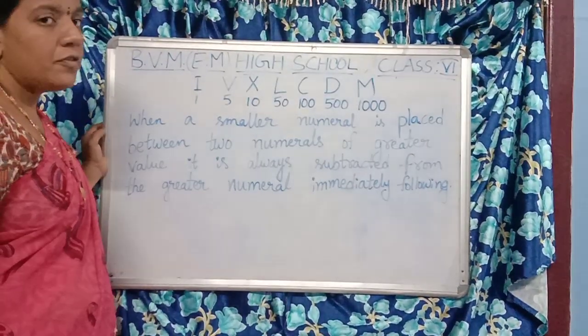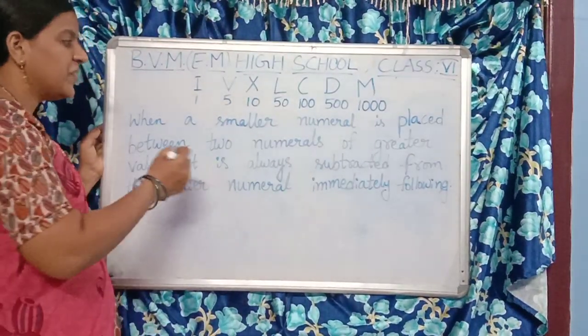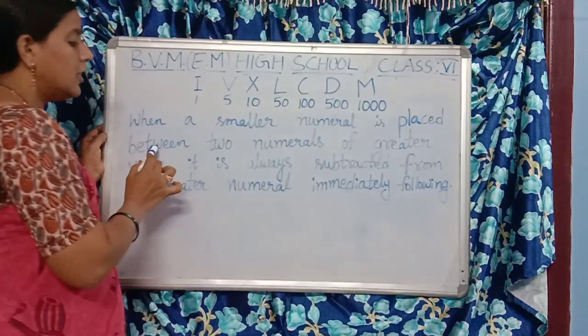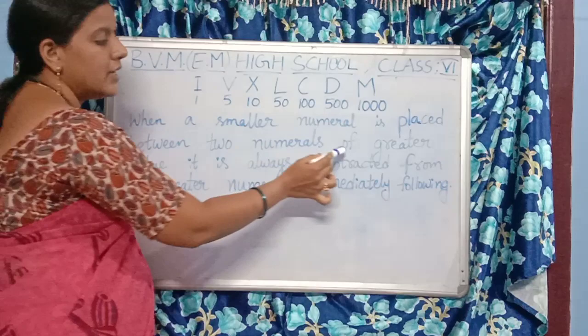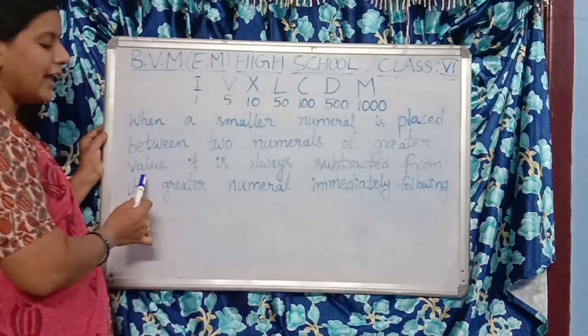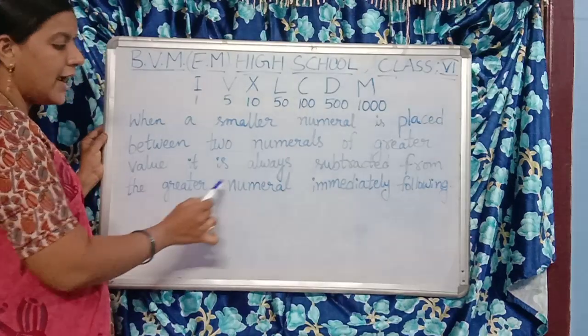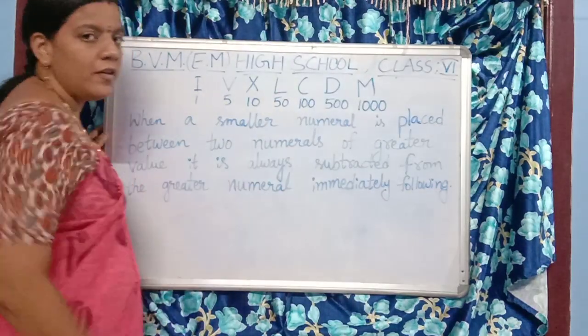Next, one of the most important rules. When a smaller numeral is placed between two numerals of greater value, it is always subtracted from the greater numeral immediately following.